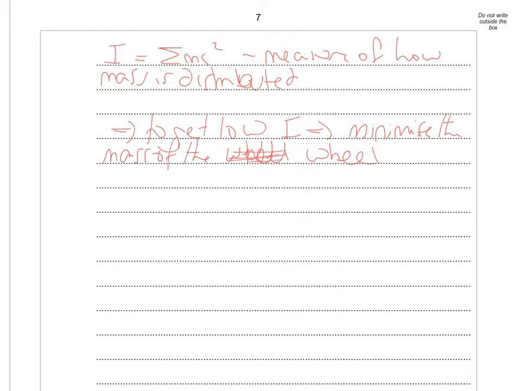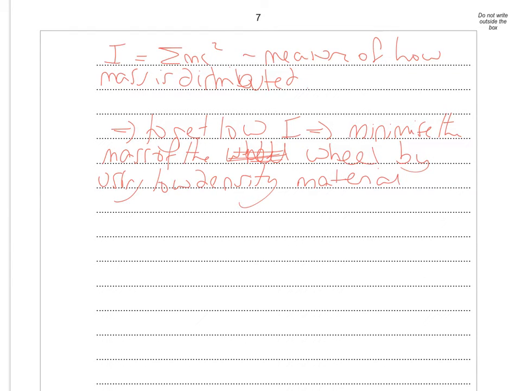Minimize the mass of the wheel, and the way you do that is using low density material, because that would, for the same amount of material, have a smaller mass.